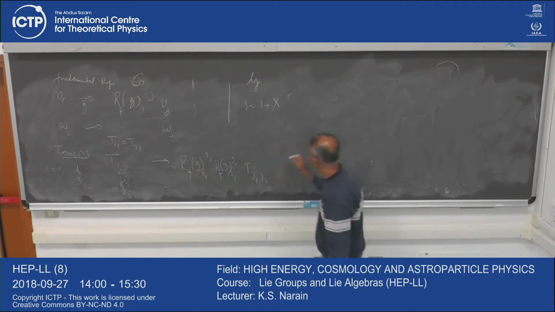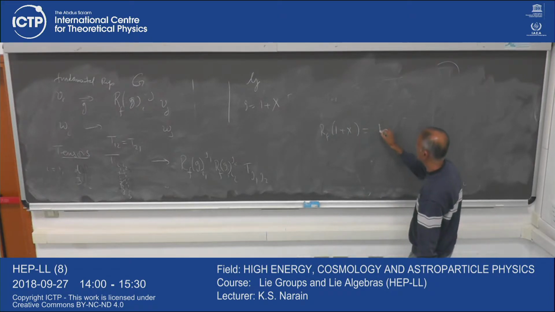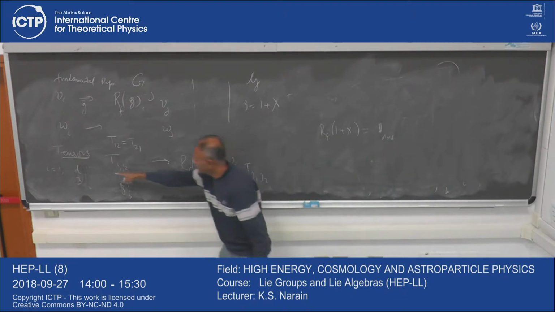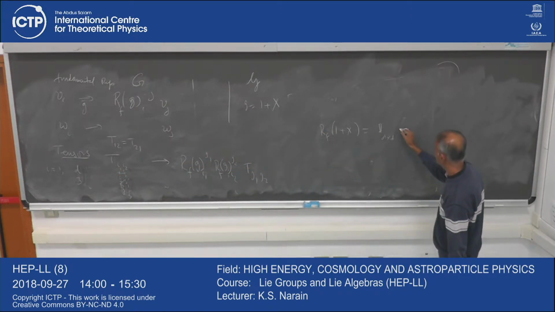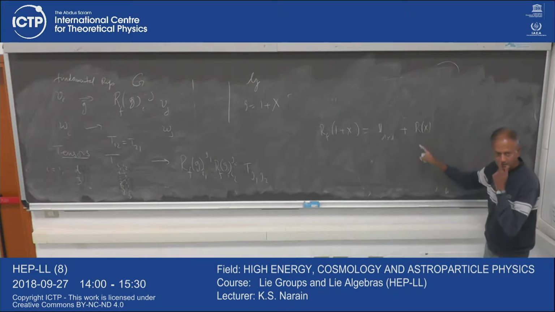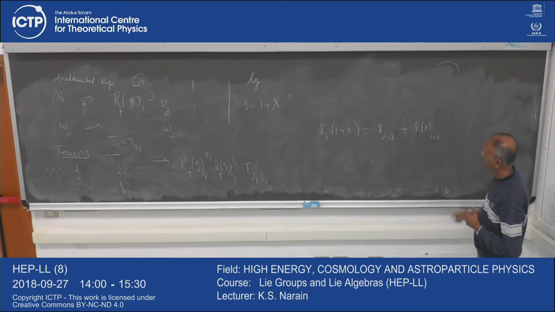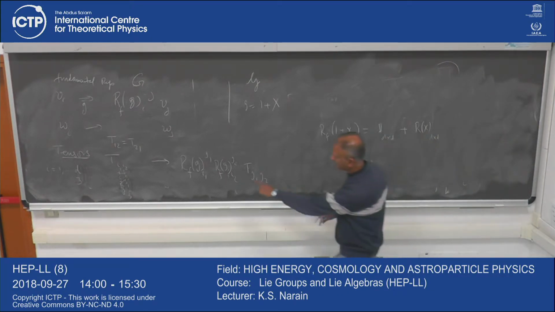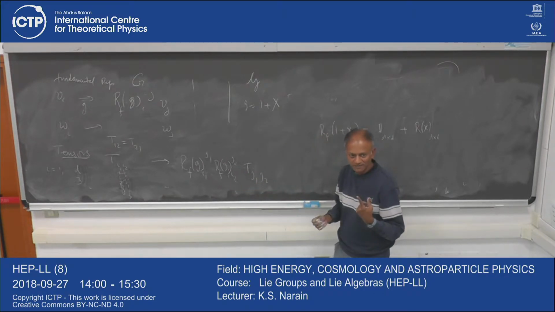So R of 1 plus x will be the d by d identity plus r of x. This is a d-dimensional representation. The r of x is already first order, and again a d by d matrix. Similarly, I can do it there, but I want to pick only the first order.